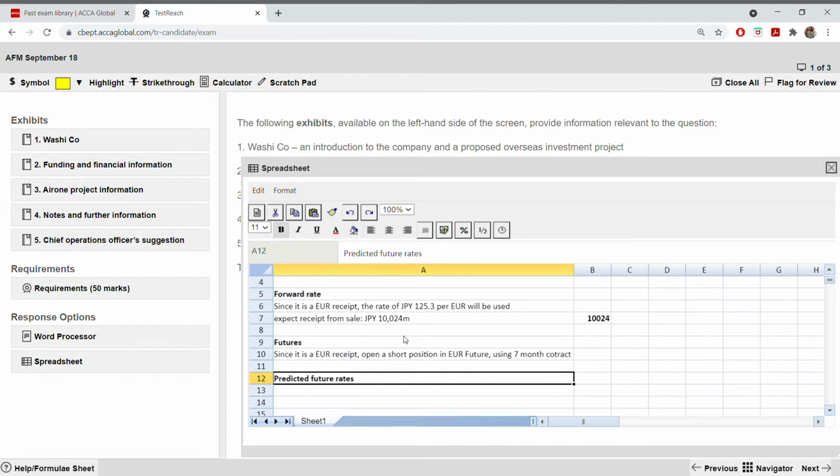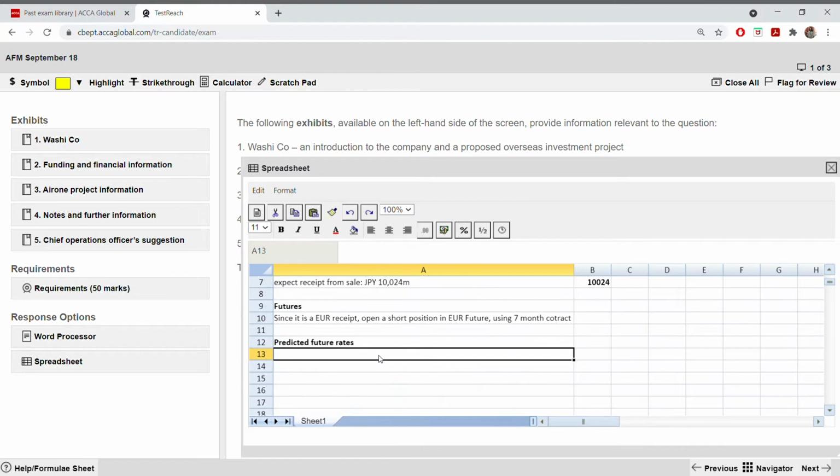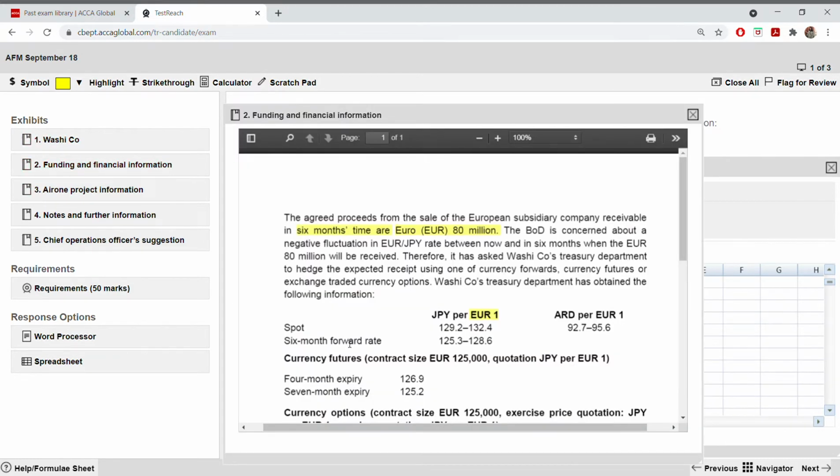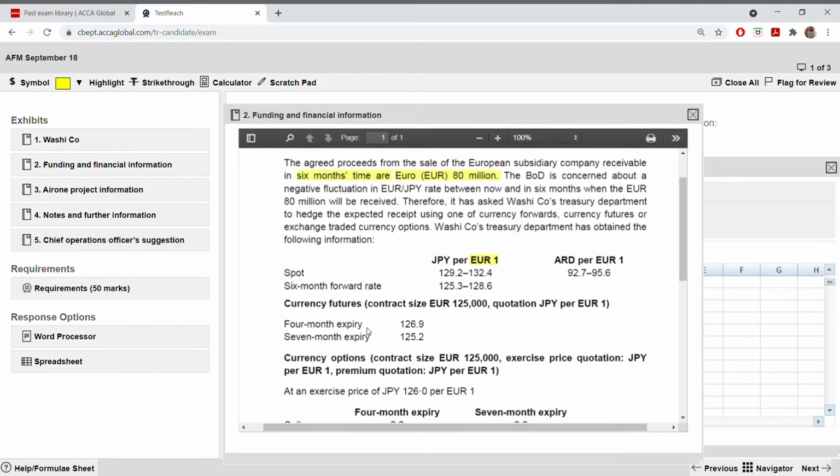Anything. There are two methods. I'm just going to follow one method. I'm just going to use the spot and the future. Sometimes what they do is they take the 4-month expiry and 7-month expiry and compare these two. But when you follow the textbook, they follow the 7-month expiry, the opening future with the spot. So I am also going to take the spot and the future, the same way the textbook has done.